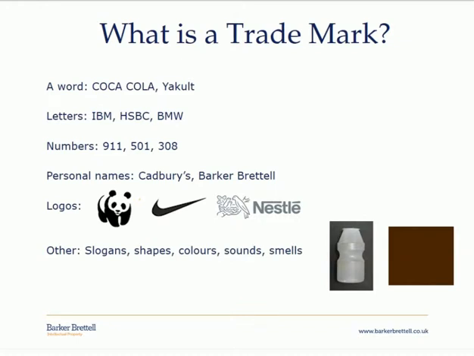Anyone know it? UPS? Yeah, the big brown vans that go around. You see them a lot in films, but they're coming over here as well. Other things that can be protected, sounds and also smells, but smells are really difficult to do, but you can get them in places like the UK and the US.